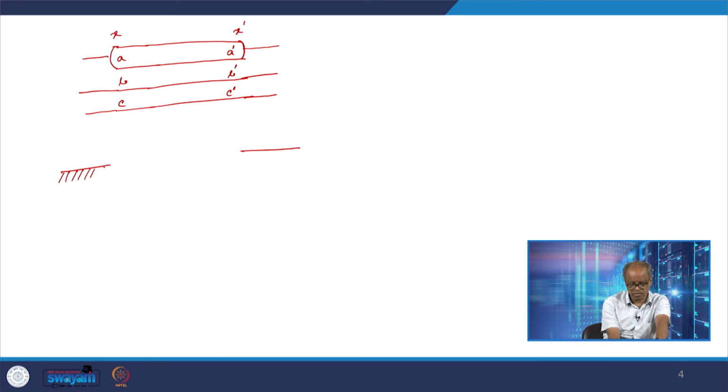So I have got local ground, remote ground, and then this dd dash.